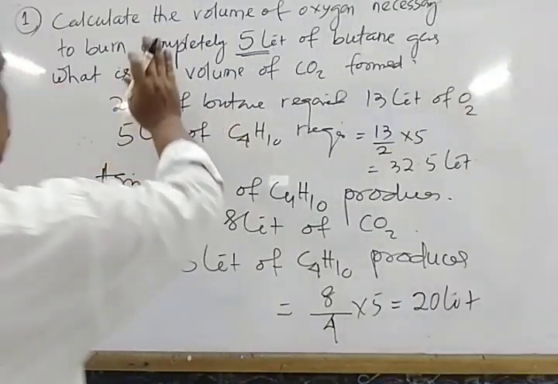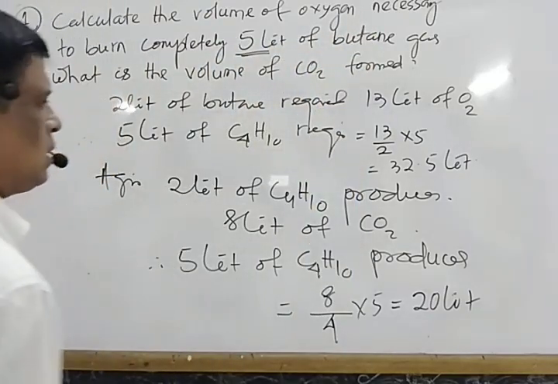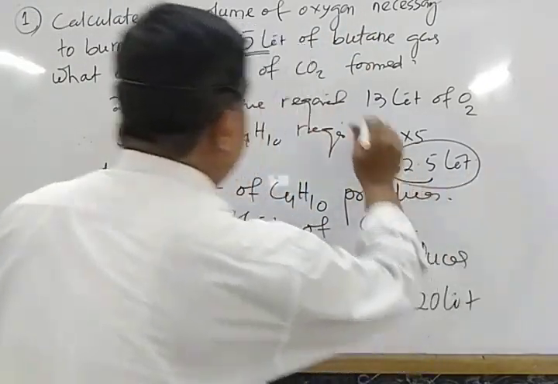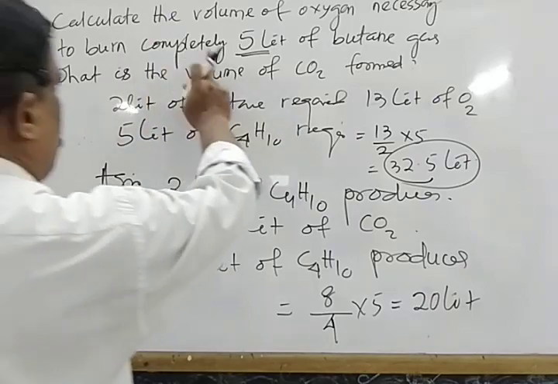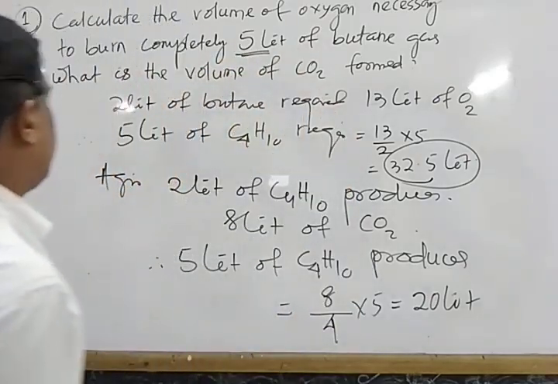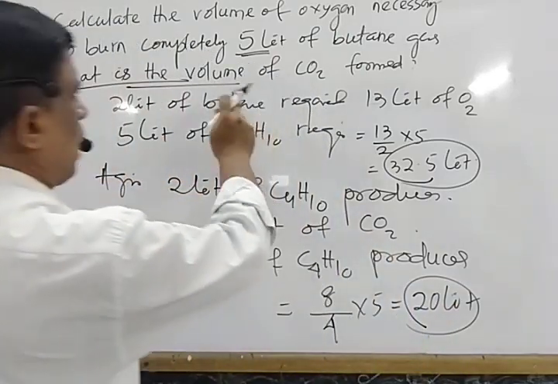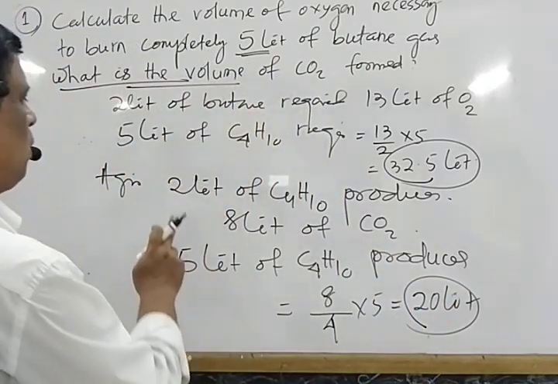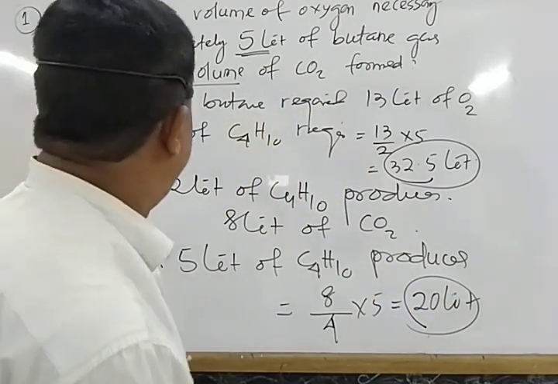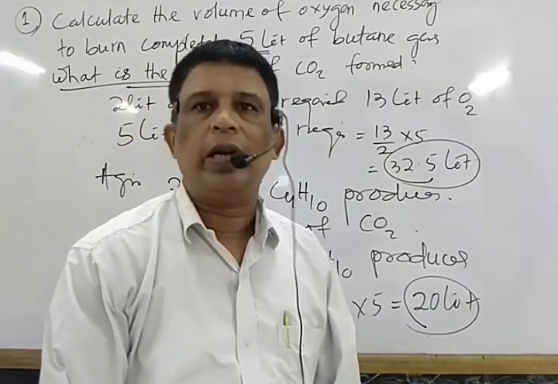So the question was to calculate the volume of oxygen necessary: 32.5 liter of oxygen is necessary to burn completely 5 liter of butane, and 20 liter of carbon dioxide is also formed by burning completely 5 liter of butane.